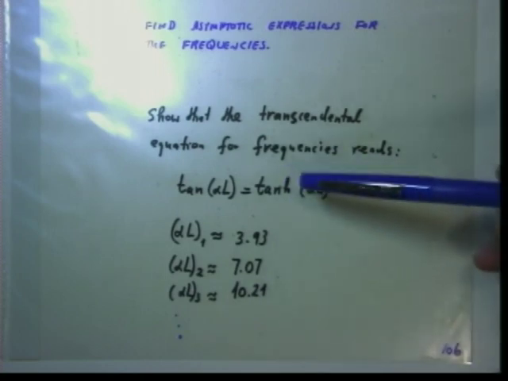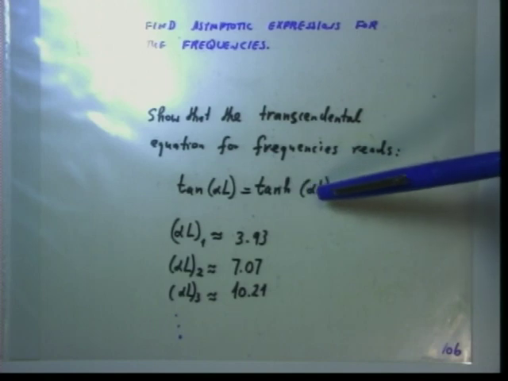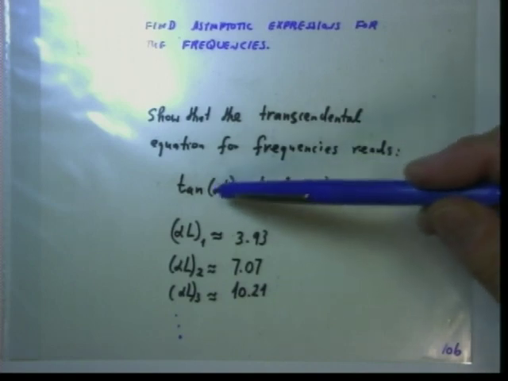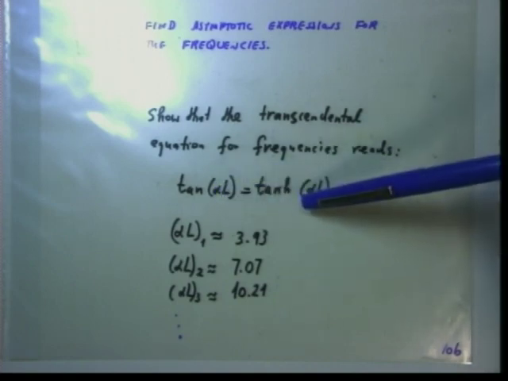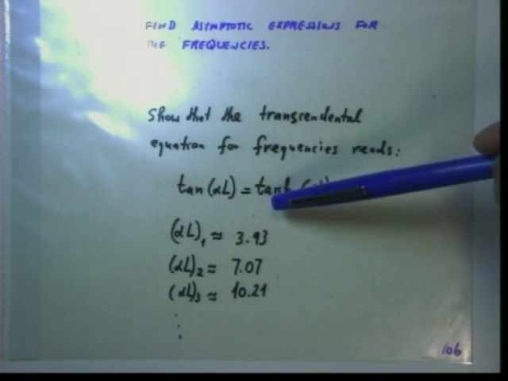Now, please, you will get the equation tangents alpha L equals hyperbolic tangents alpha L. That is what I would like you to show. Hyperbolic tangents of alpha L, of course, equals hyperbolic sine divided by hyperbolic cosine.